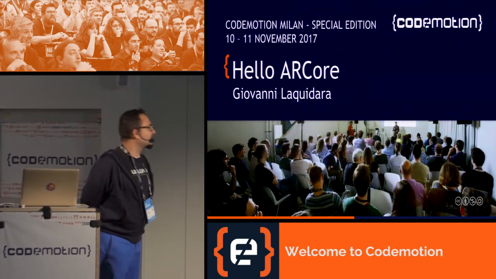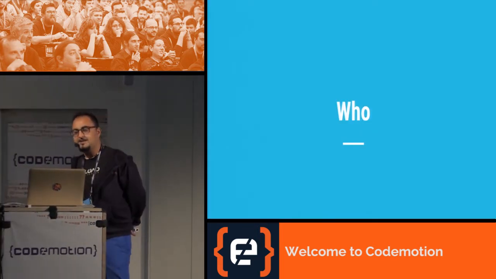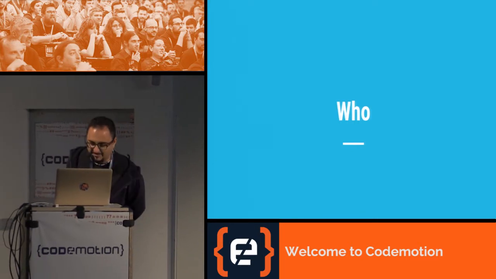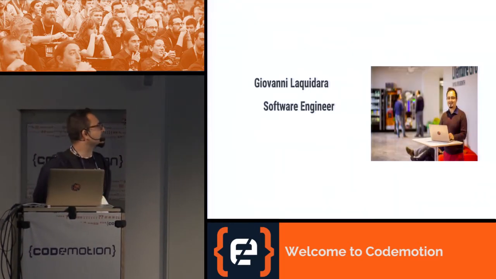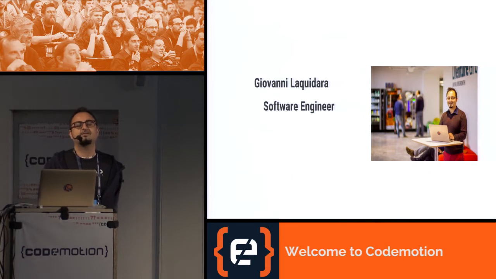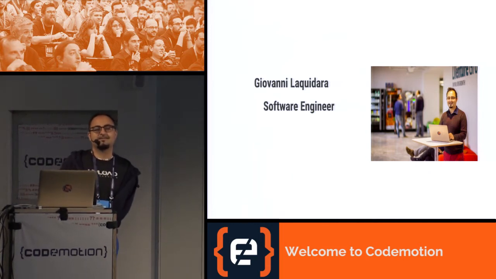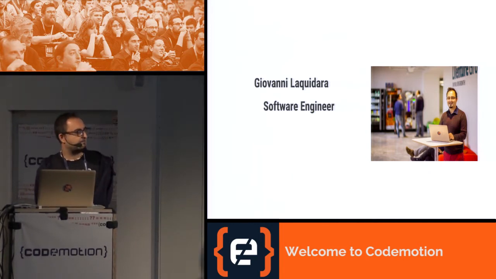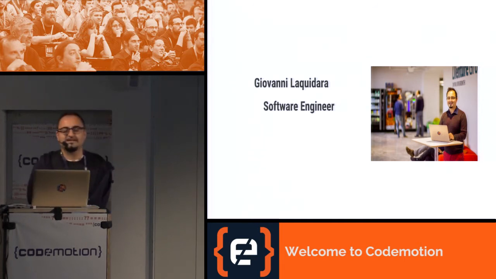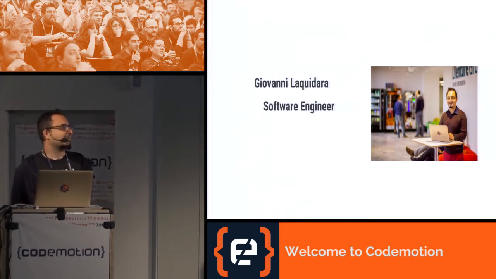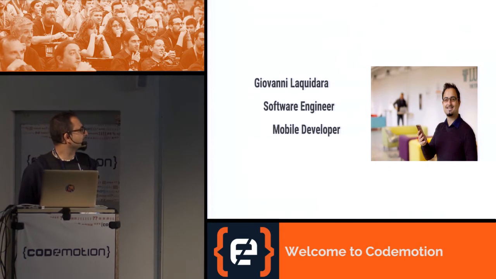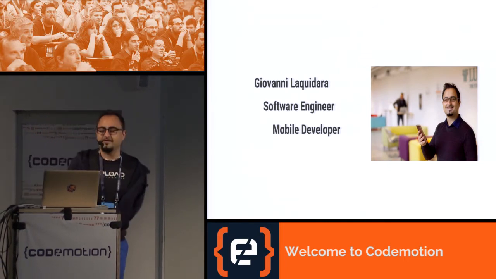So, let's start first. For first thing, who I am. I am Giovanni Laquidara. I am a software engineer, and I started to develop desktop and backend applications, but when I discovered the whole new technology that is mobile development, I chose to move into mobile development.